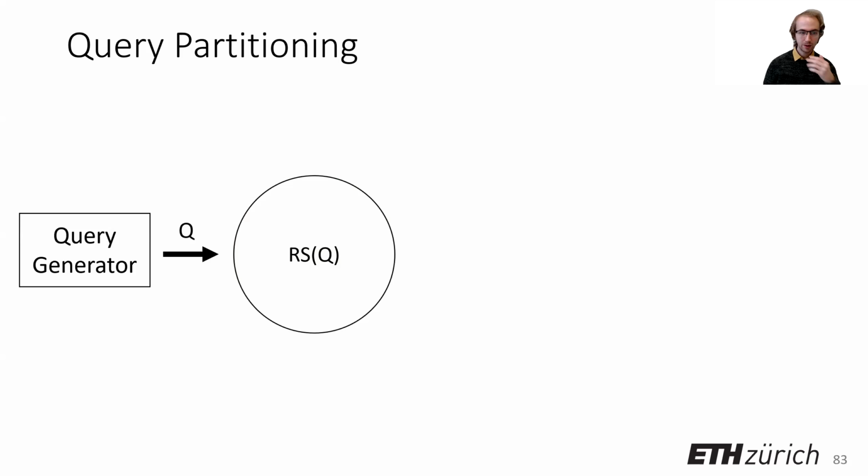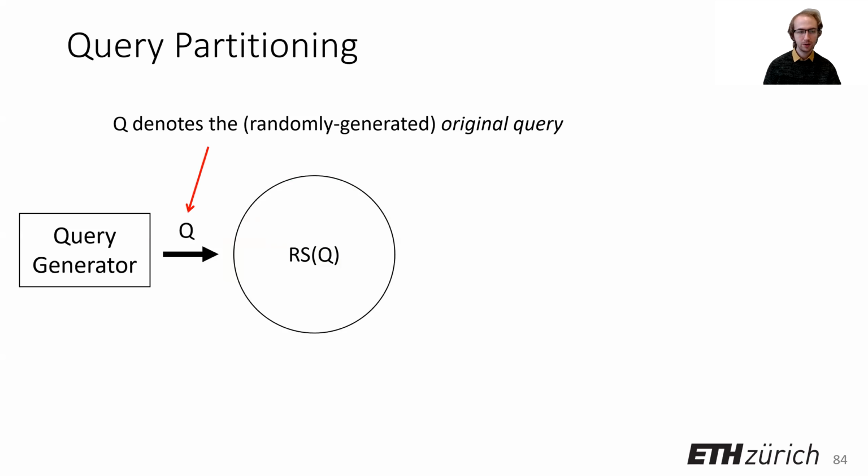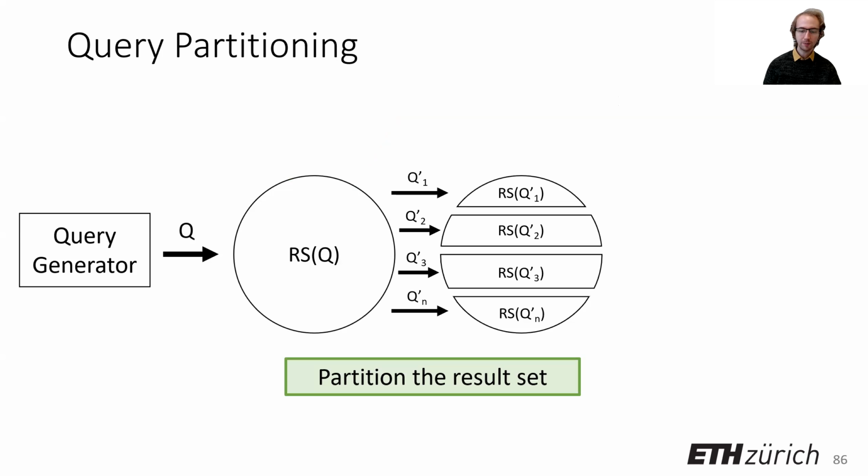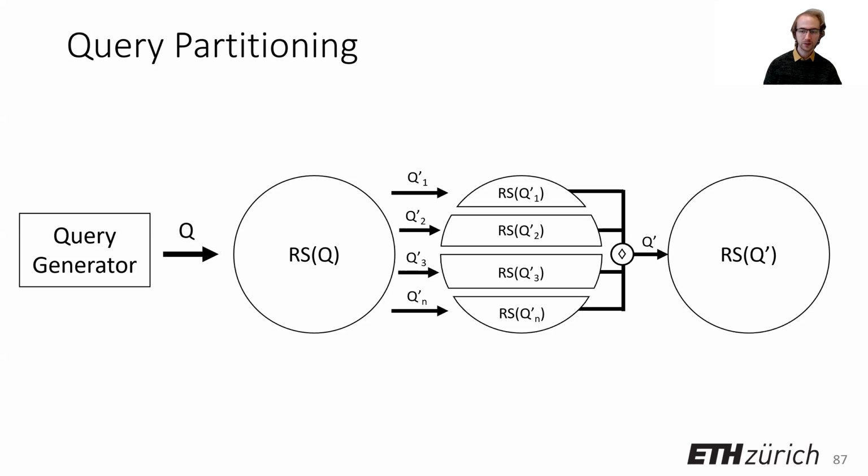To illustrate this, you can see here that we would generate a query Q, which denotes the original query. You can also see here that we use this circle to denote the query's result set. And then we partition the result set by deriving multiple queries from Q. And by composing the results of the partitioning queries, we now gain a new result set.